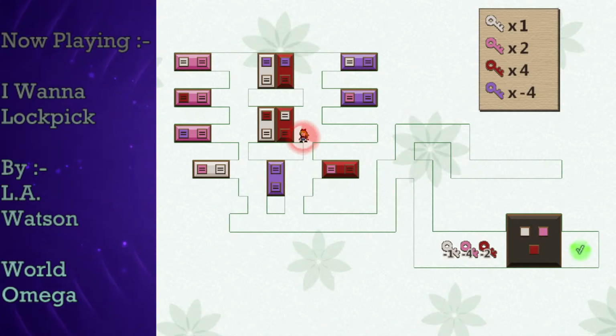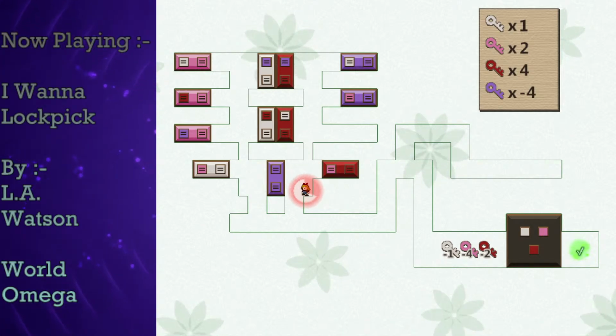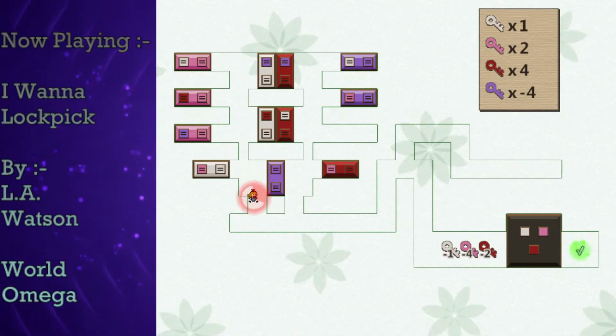Two. This pink. This has to be done to two.